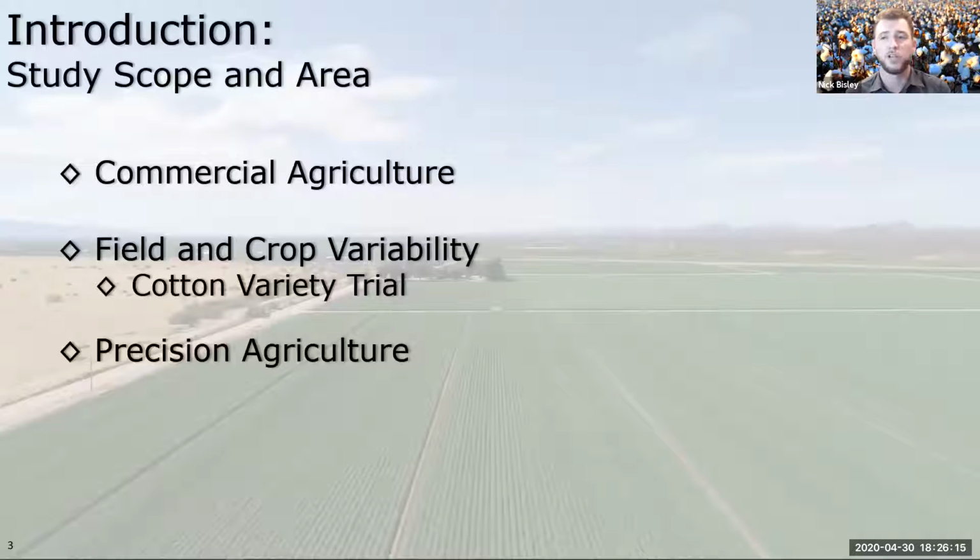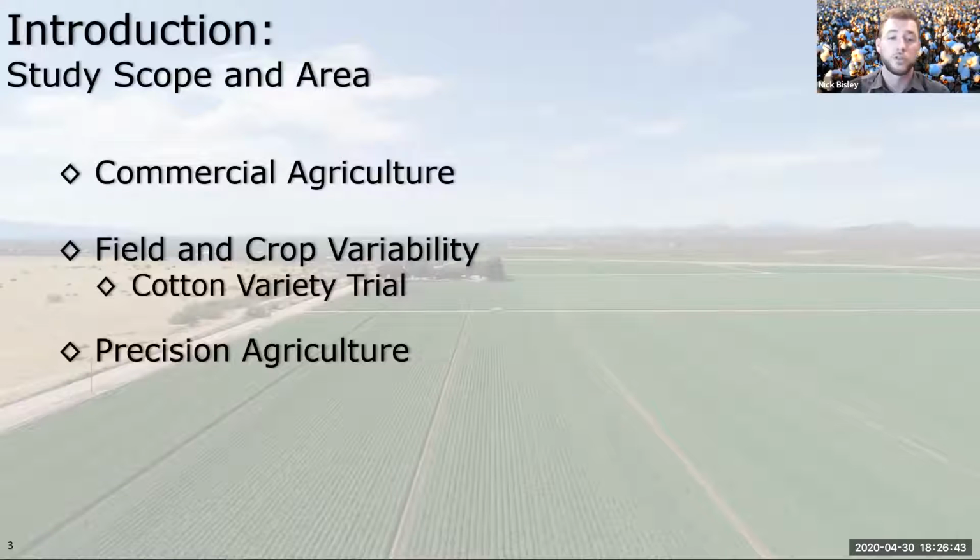And so that's what we'll be looking at, 13 different varieties that were grown in Marana, Arizona. But what's helped farmers in recent years is the emerging field of precision agriculture. And this really came about with the advent of GPS technology. Being able to accurately spatially define a field and map that variability has been very beneficial to farmers.